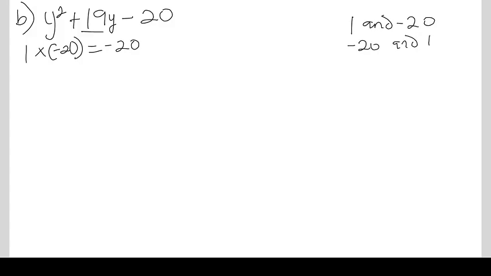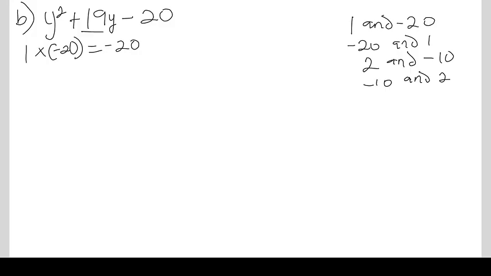So minus 20 times 1 is going to give me minus 20 also. Also, I can multiply 2 and minus 10. 2 times minus 10 is going to give me minus 20. And of course, I can change into minus 10 multiplying 2, which is also going to give me minus 20.